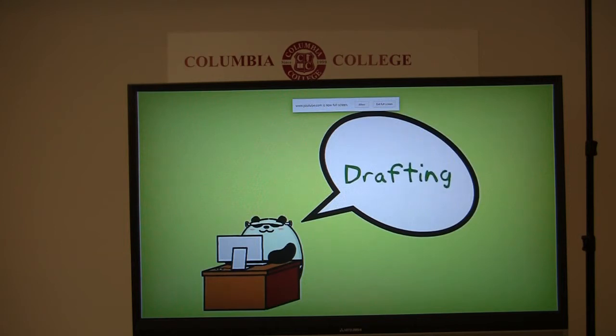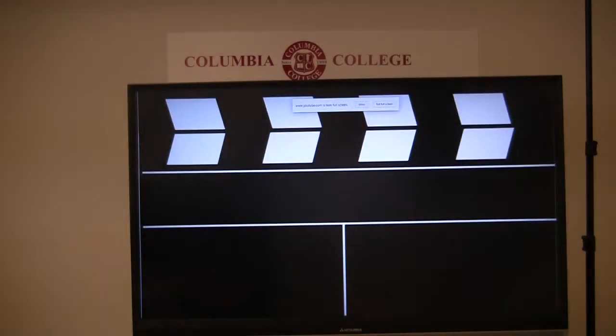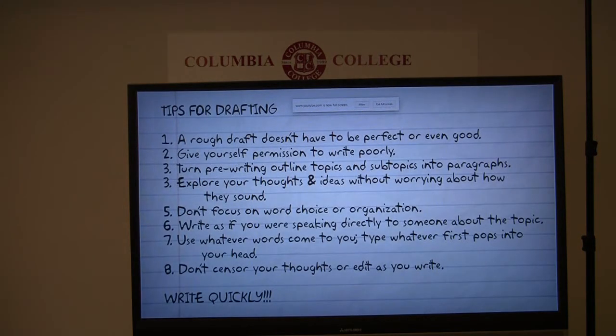Drafting is the part where you put the words on the paper. Drafts should be written quickly, without editing or revising, and they should be based on the elements and topics that you've collected during your planning and pre-writing stage. Professional writers understand that first drafts usually are not very good. Many writers are tempted to revise and edit as they write. Strive to fight against this impulse.